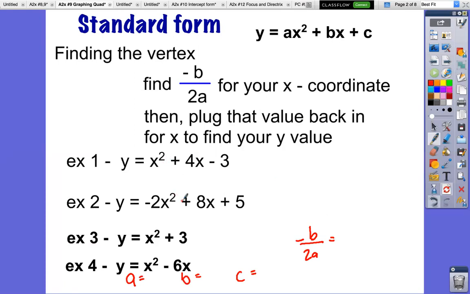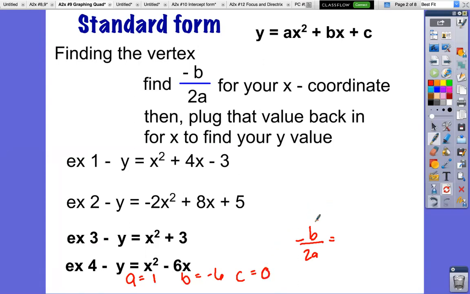All right, so what's my A value on number 4? One. What's my B value? -6. And what's my C value? Zero.